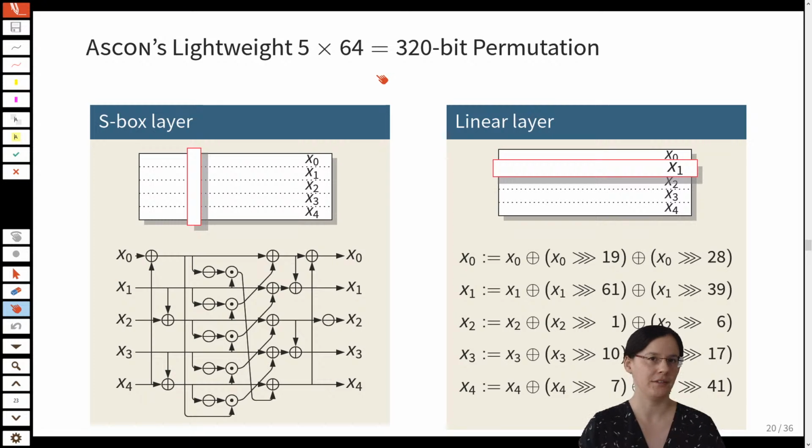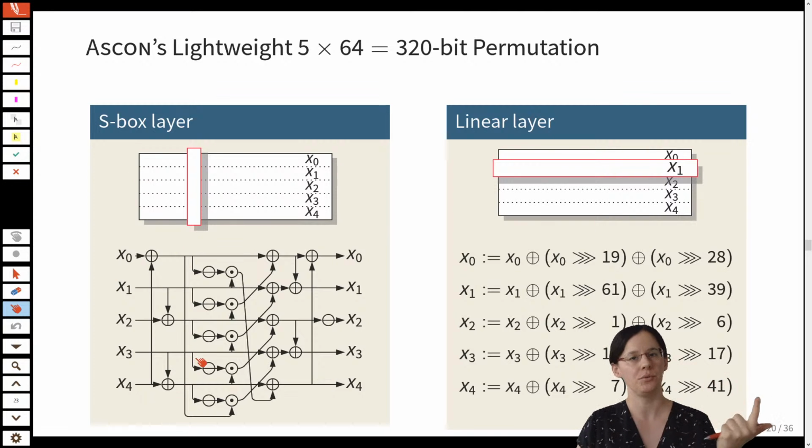Whereas if you implement it in software, you can simply use exactly these CPU instructions and always apply them to the full 64 bits at once. So the number of CPU instructions that you need to implement this SBox for the entire state, so all 64 SBoxes in parallel, is just the number of gates you see here, because you simply apply all these operations word-wise. And this is done to provide diffusion between the words and to introduce the nonlinear part here.